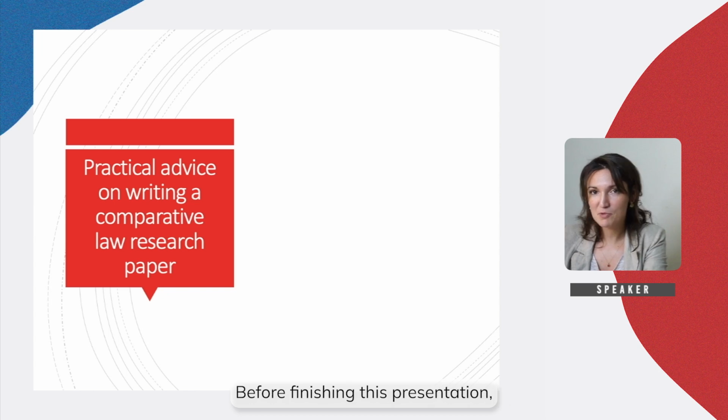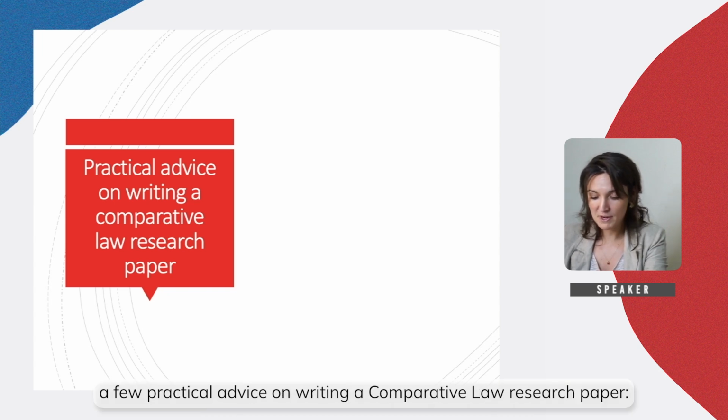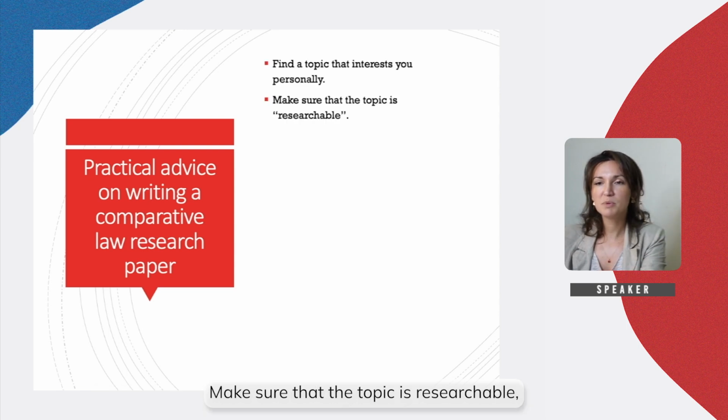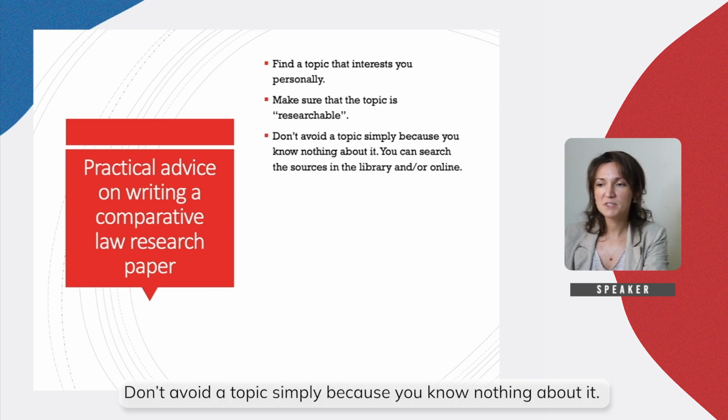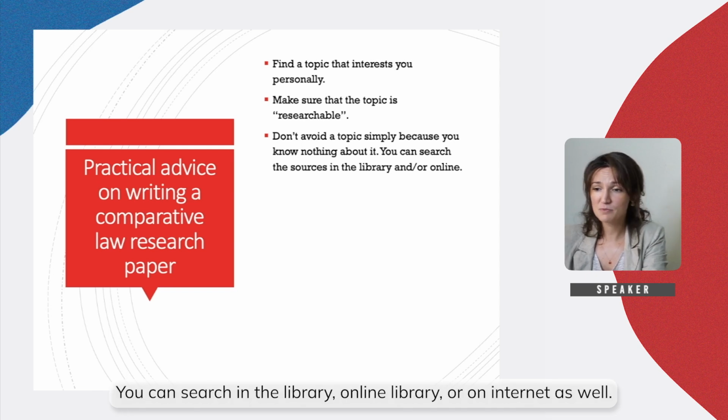And before finishing this presentation, a few practical advice on writing a comparative law research paper. Make sure that the topic is researchable, that you can find and read the data you will find. Don't avoid a topic simply because you know nothing about it. You can search in the library, online library, or on the internet as well.